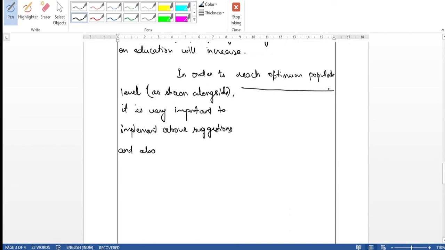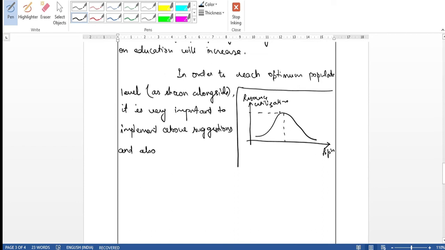But let me make that graph. So this is the graph for optimum population. It goes like this. This is resource utilization and this is population. So this is the percentage at this point we have. This is optimum population, PO dash, PO double dash.